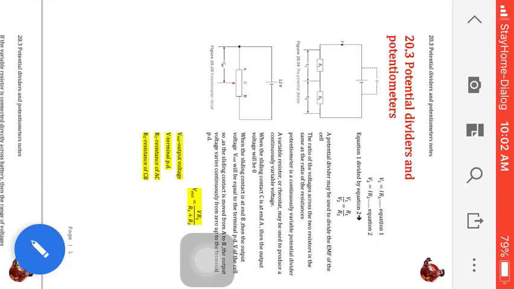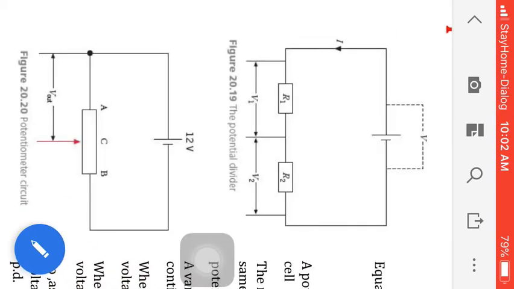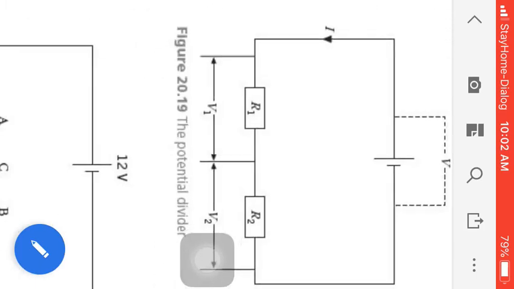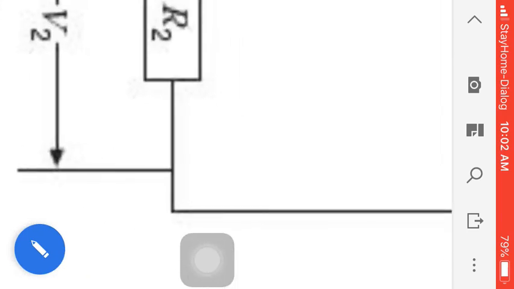The terminal potential difference V will be divided according to the ratio of R1 and R2. But that's what I am saying again. For that, you need to know the potential that is dropping across the potentiometer wire from there to this end.